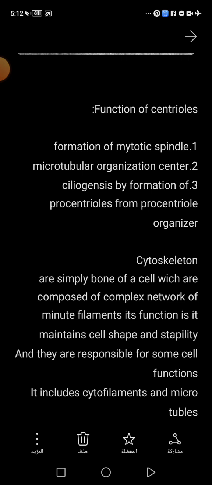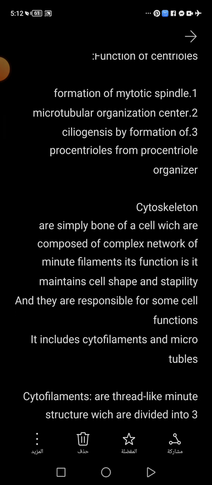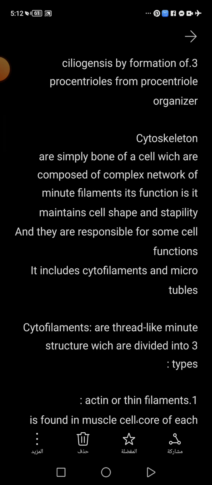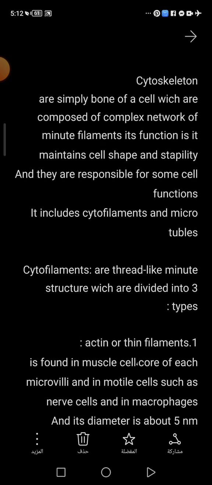Its function is to maintain cell shape and stability, and it is responsible for some cell junction functions. It includes cytofilaments and microtubules. So the cytoskeleton maintains the cell and stabilizes it, like a bone, and it has a role in cell movement too.